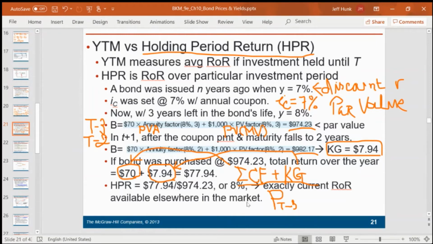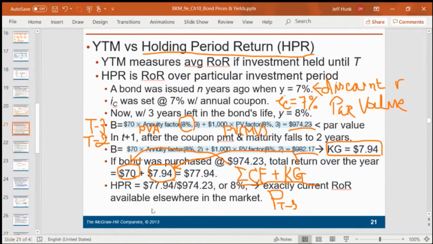But this is only because the mathematics is constructed that way. As I said, if the yield is 8%, what does that mean? That's the discount rate that will make the left-hand side of the equation hold.